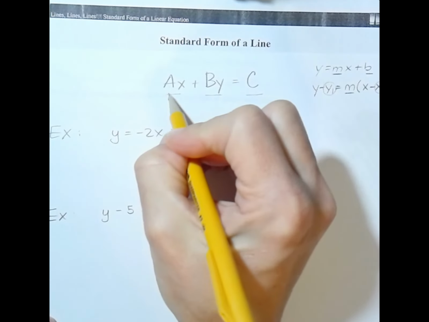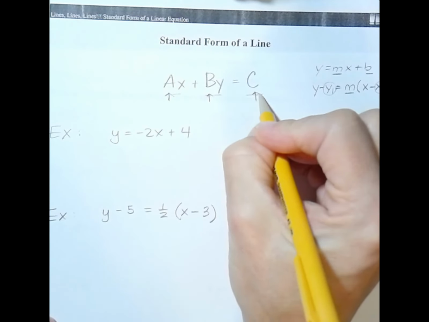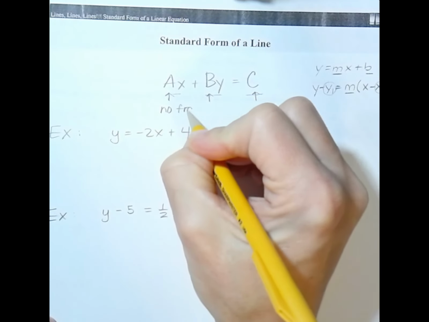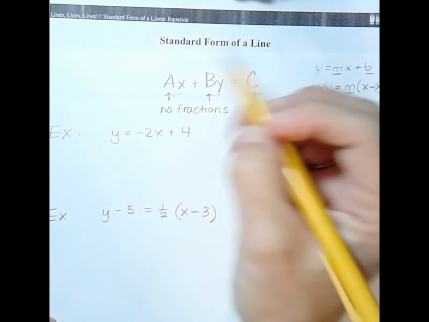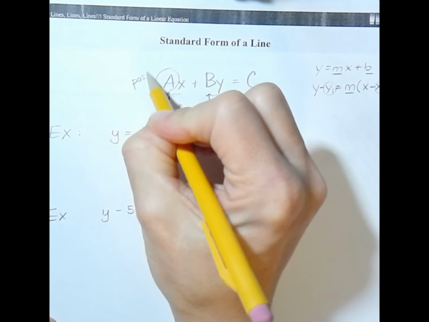These a, b, and c can have no fractions. These numbers need to be integers, and a needs to be a positive integer.